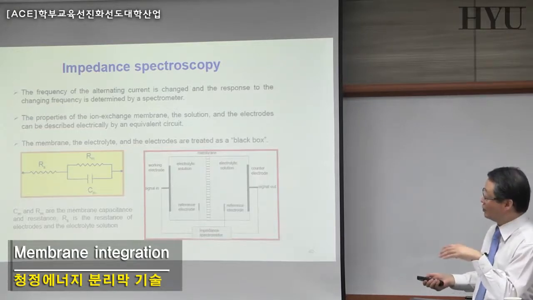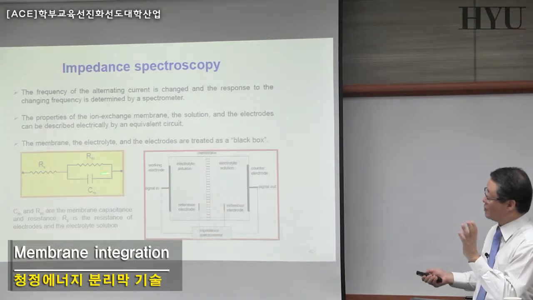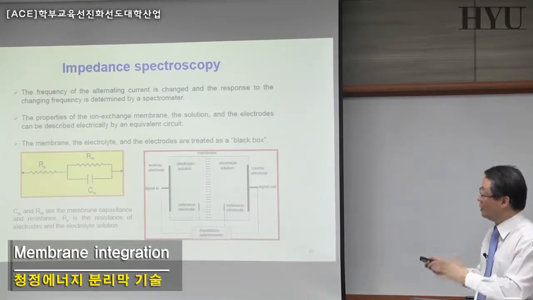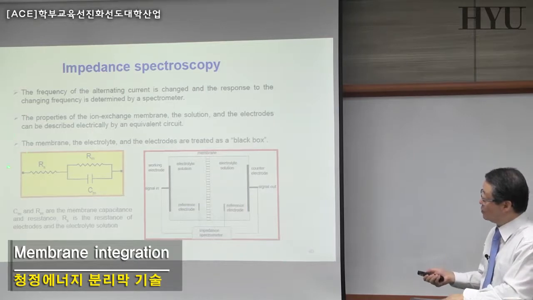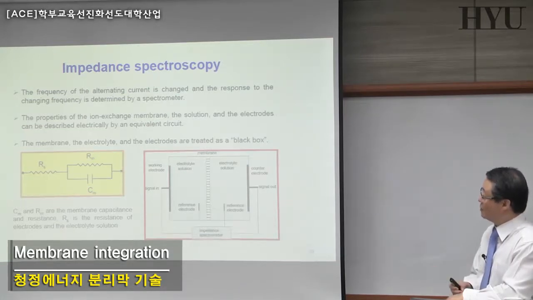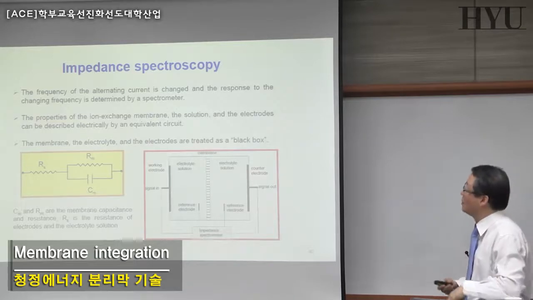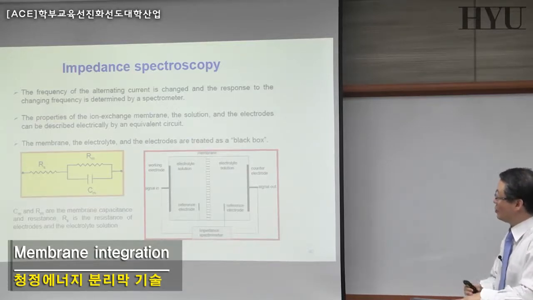In the case of the solution, we have some resistance. So the model is described here using R_s, R_m, and C_m. C_m is the capacitance of the membrane. R_m is the resistance of the membrane. So we have a parallel model and a series model combined together to describe the whole system of impedance spectroscopy.